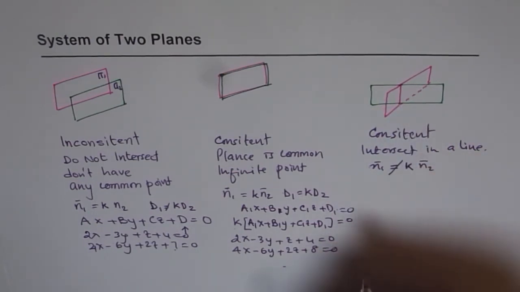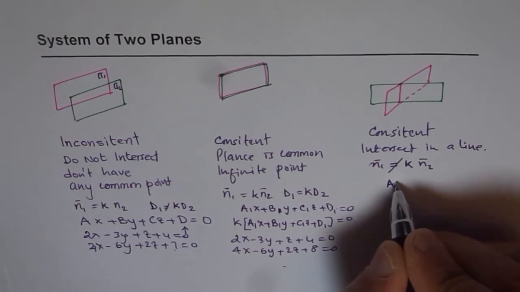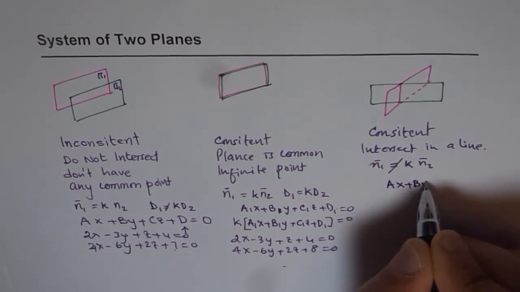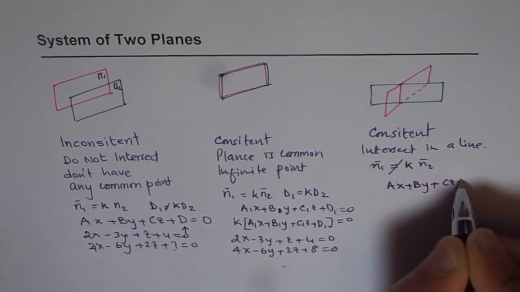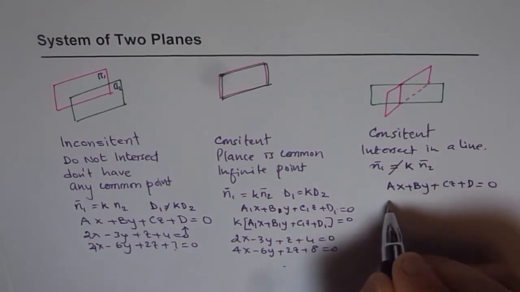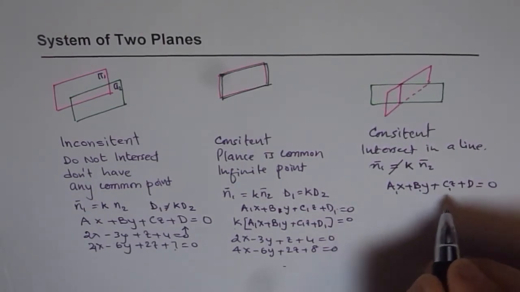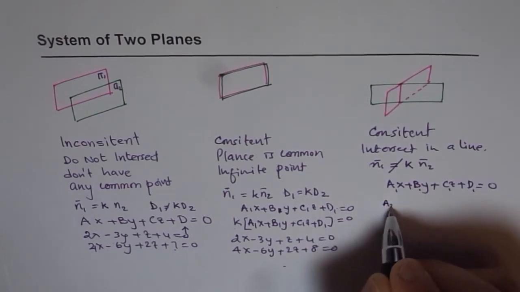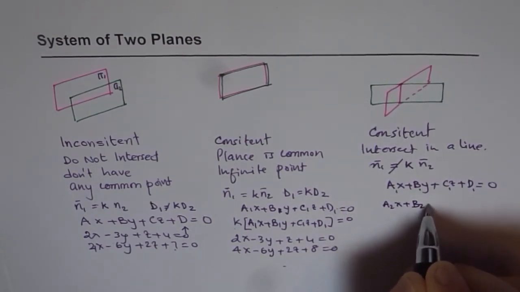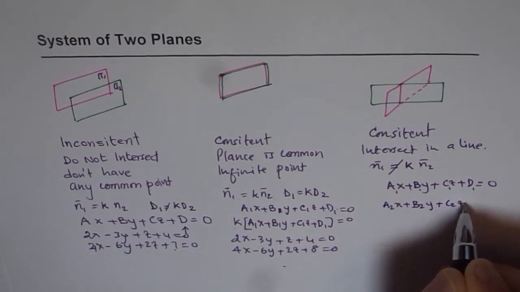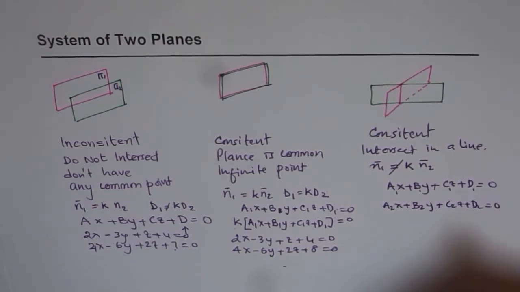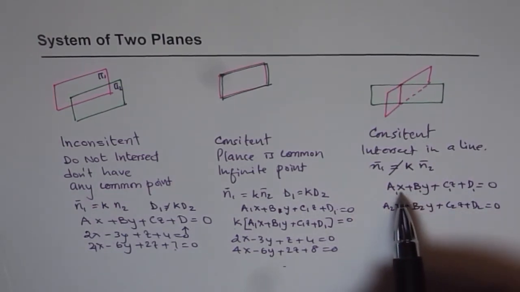Normally, we'll have two equations of the form ax plus by plus cz plus d equals 0, and let us say this is the first equation, and the other one will be a2x plus b2y plus c2z plus d2 equals 0. As you see, there are a lot of parameters to find and only two equations to work with.